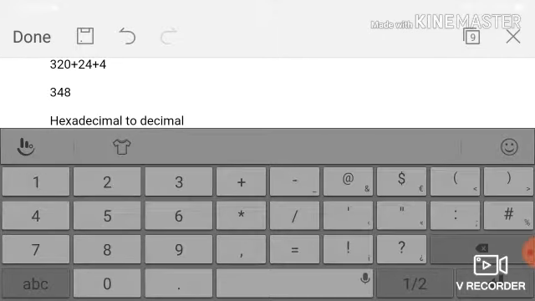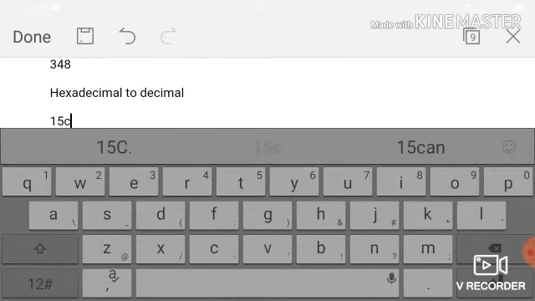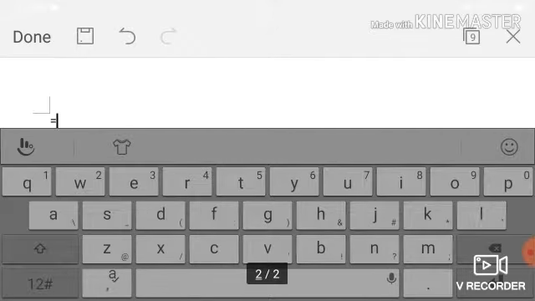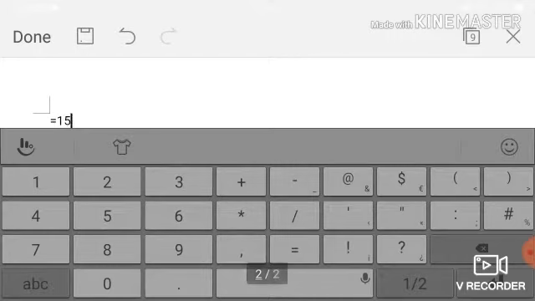So we're going to use 15C. We're going to first convert this to numbers. So it will be equal to 1, 5, and 12 because C is equivalent to 12.